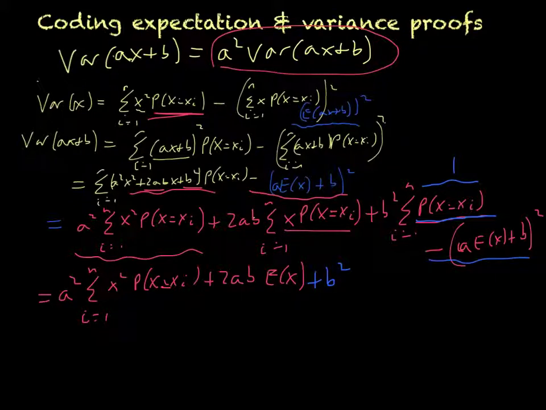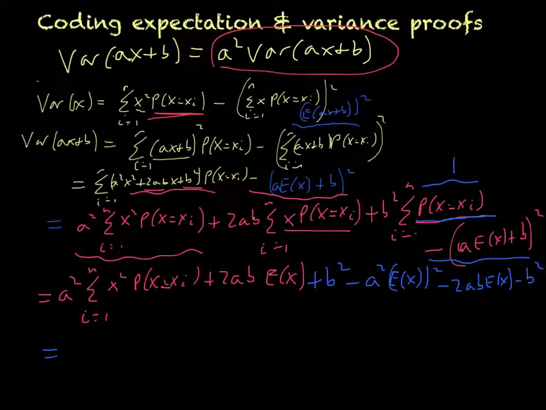And now we're going to subtract this thing squared. So if I multiply out the brackets, I get a squared E of x all squared, plus, sorry, we're going to minus now, aren't we? So we've got minus 2 lots of ab E of x, and we've got a minus b squared.